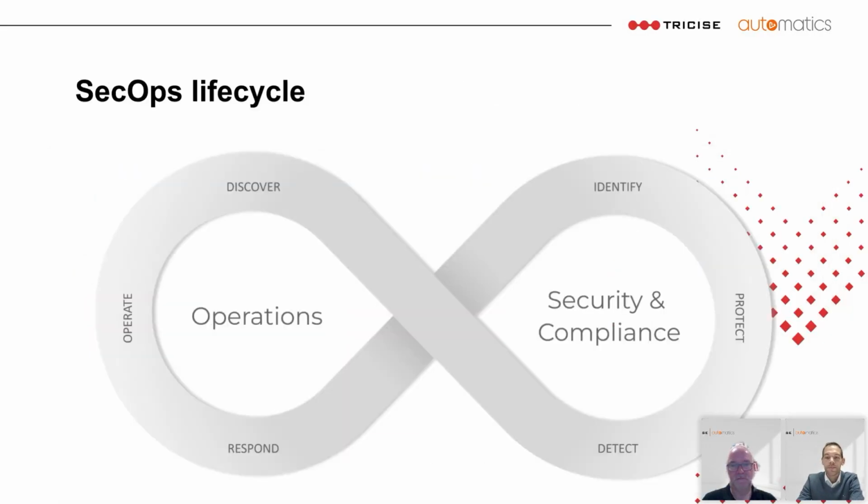What we see is there are several tools on the market which are focusing on the monitoring aspect, which are providing generic automation platforms. But we would like to bring these 2 areas together within a SecOps lifecycle. So it's important that you identify security gaps in your configuration, maybe to protect your data as well with some of our features.